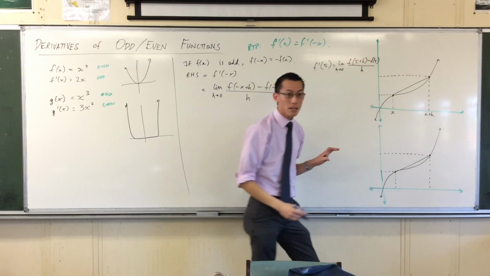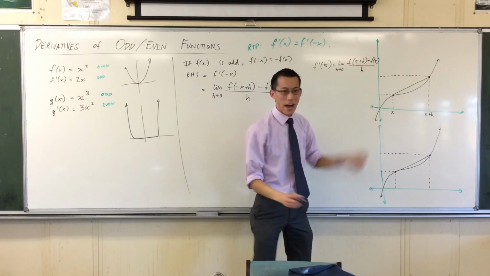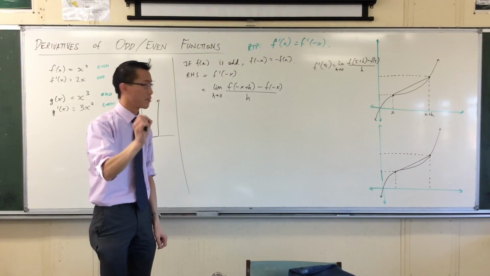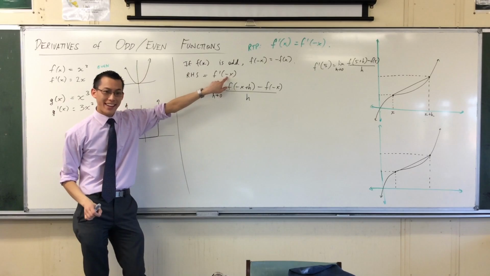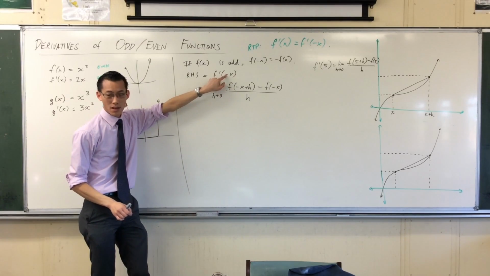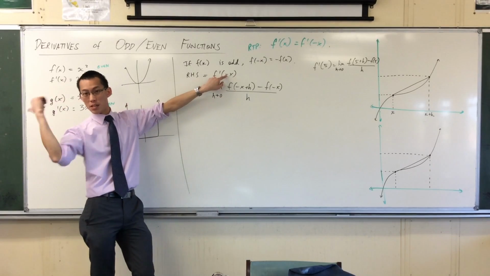So 5 is the place I'm looking at, the particular spot where I want the derivative. The particular spot here where I want the derivative is at minus x. I guess this would be thinking on the opposite side.